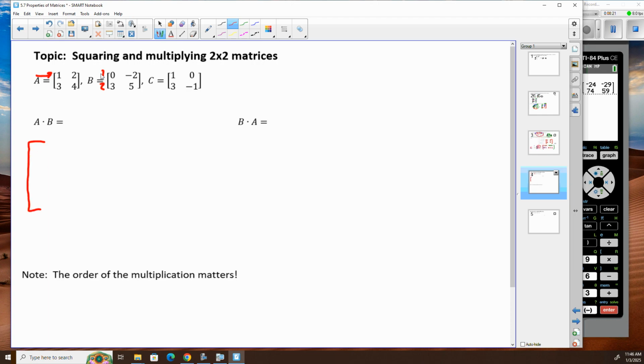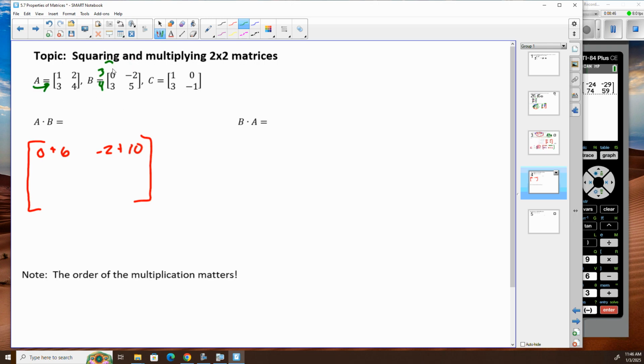So I get 1 times 0, which is 0, plus 2 times 3, which is 6. And then I'm going to multiply to the second column. 1 times -2 is -2, plus 2 times 5, which is 10. And now I'm going to take the numbers in the second row of matrix A, the 3 and the 4, turn them sideways, and then multiply again.